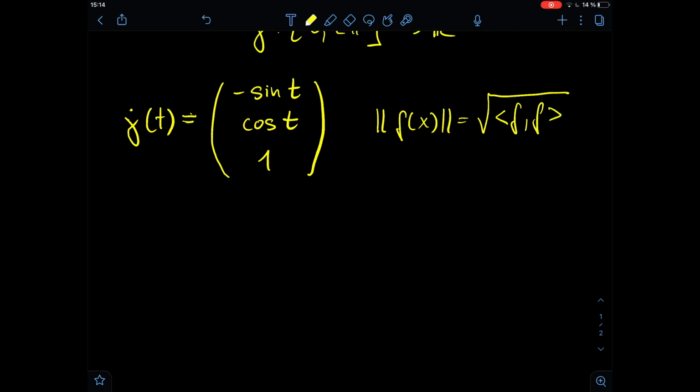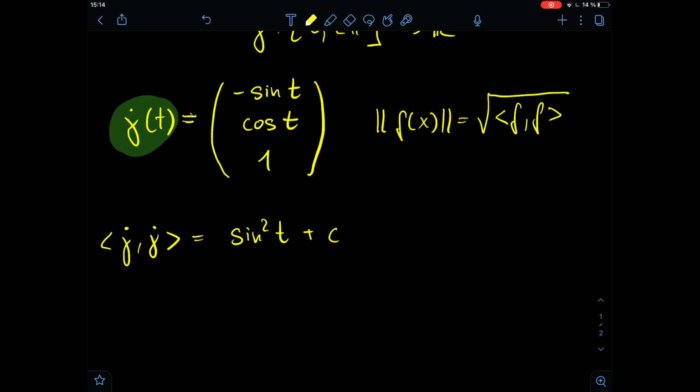So first we calculate the scalar product of this gamma dot of t. Minus sine times minus sine is sine squared, so we have sine squared of t, plus cosine times cosine is cosine squared of t, and then we have 1 times 1, which is 1, so plus 1.